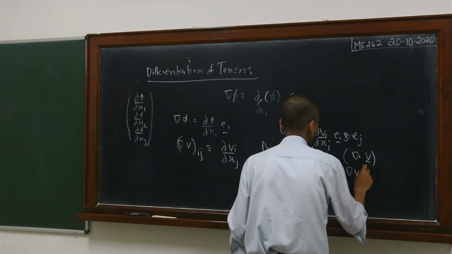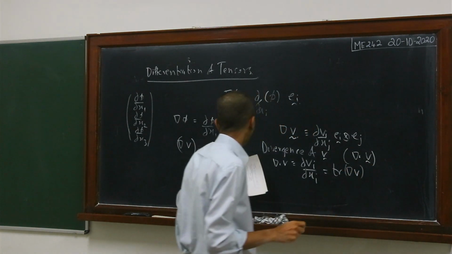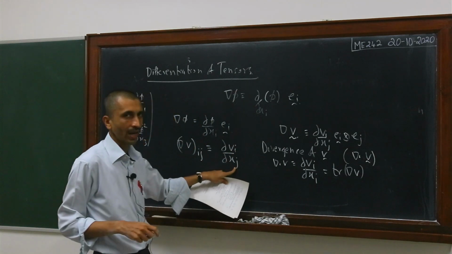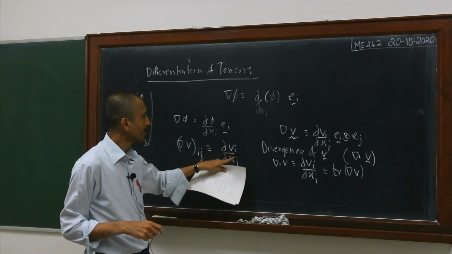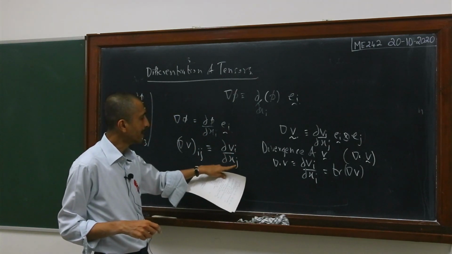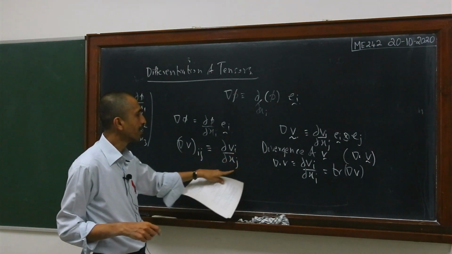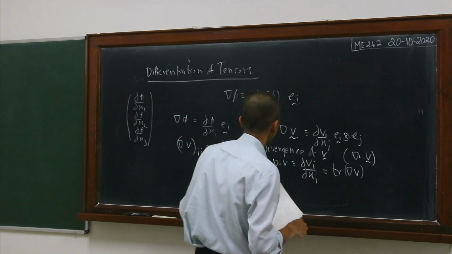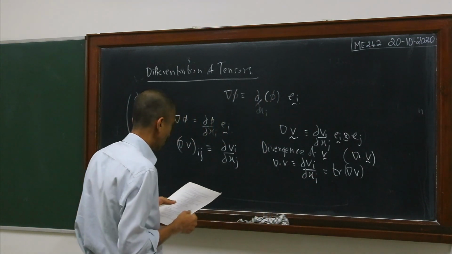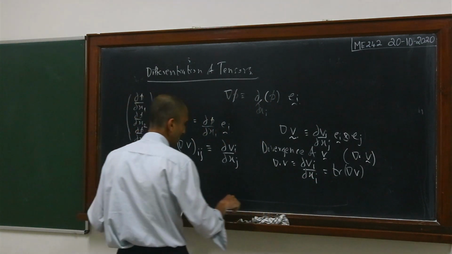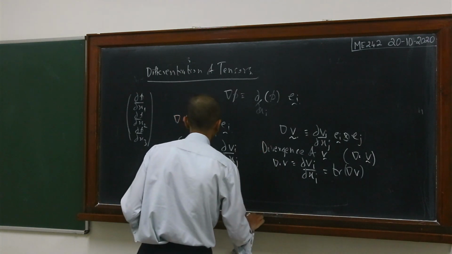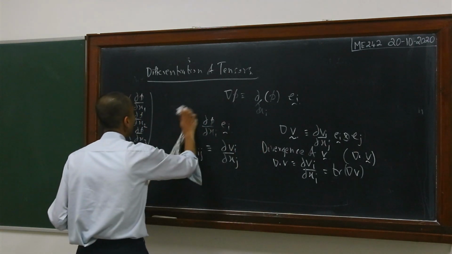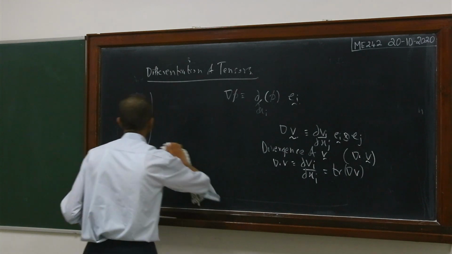You can see that the components are del vi by del xj, and for the trace you put the index j as i itself. So you get del vi by del xi. That is defined as the divergence of a vector v.